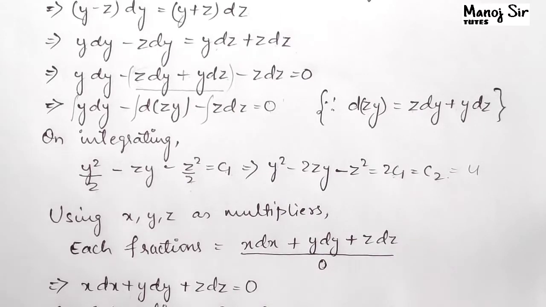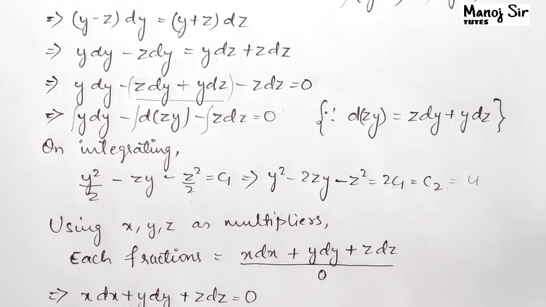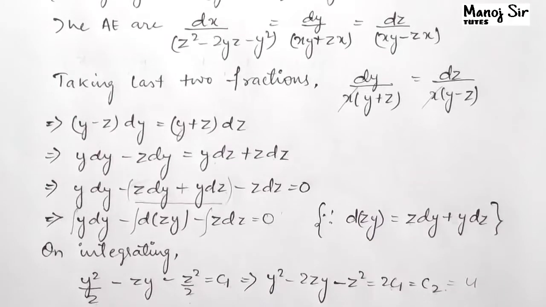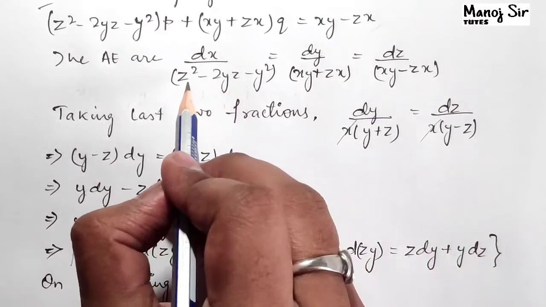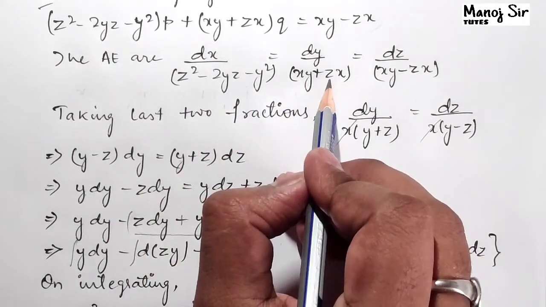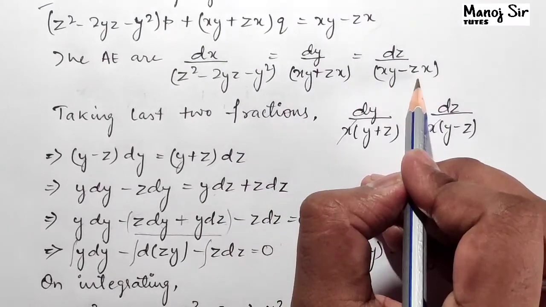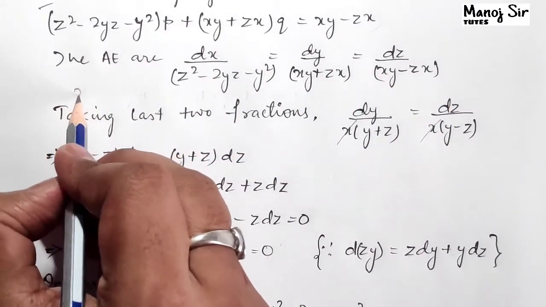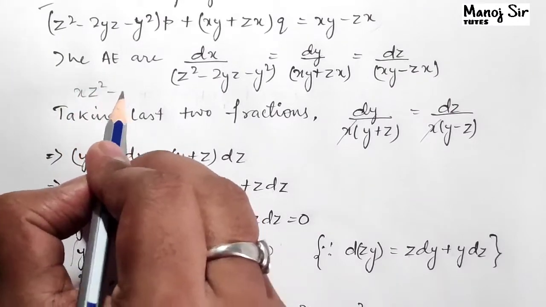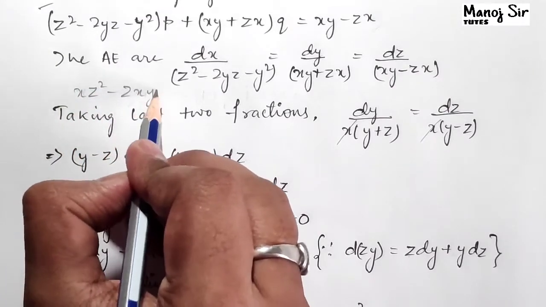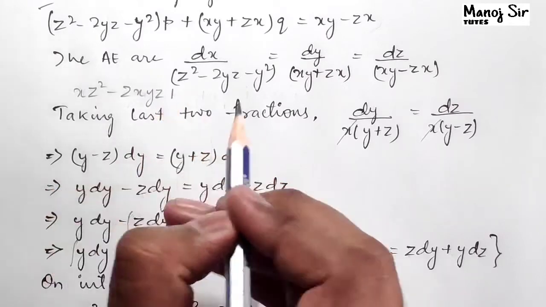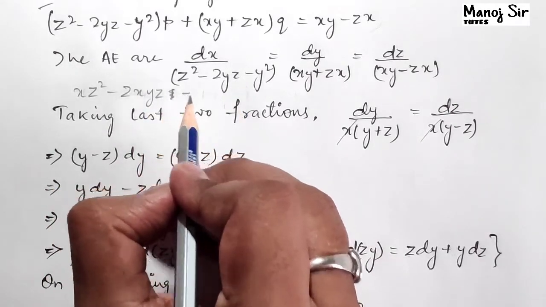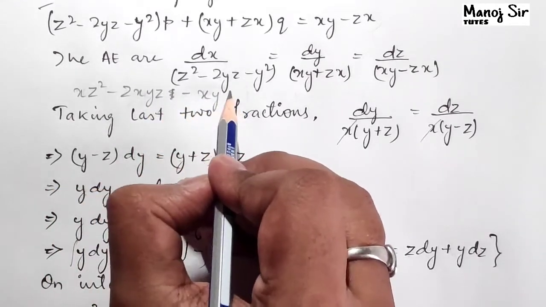Let us see if we use x, y, z as multipliers, do we get this as 0? Here we need to multiply x, in this we need to multiply y, and here we need to multiply z, and add all the terms. So x into z square minus twice xyz minus, here we have a minus sign, so simply write minus x into y square.